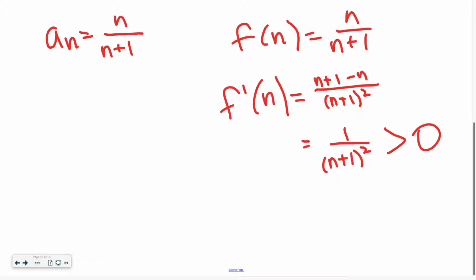We can tell. We don't have to do anything to prove that it's always positive. We can see it. It's obvious. So this would prove a sub n is increasing.